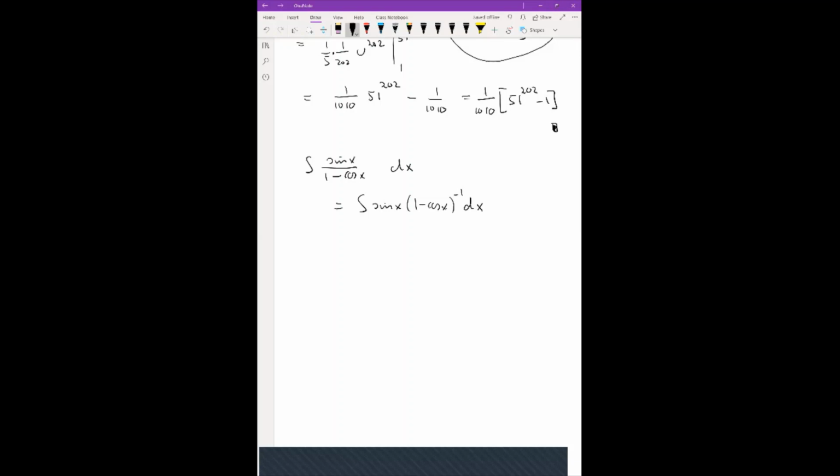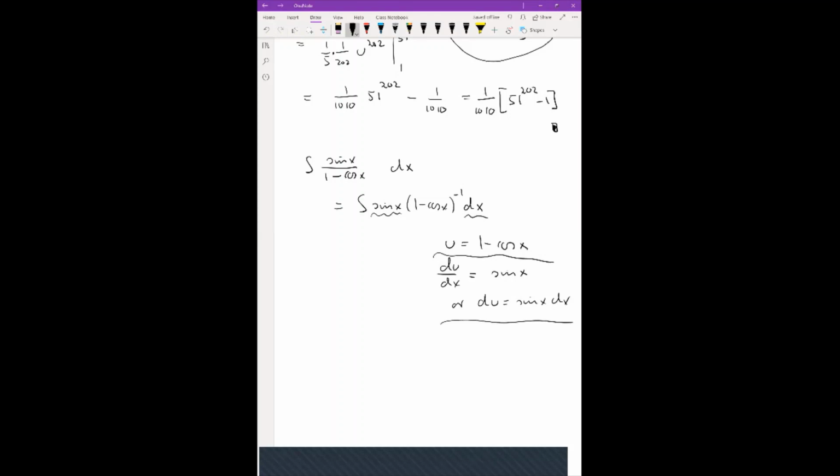So if I pick the u to be 1 minus cosine x, then du dx is equal to sine x. And I see here, in fact, sine x dx. So these are my two choices of u.